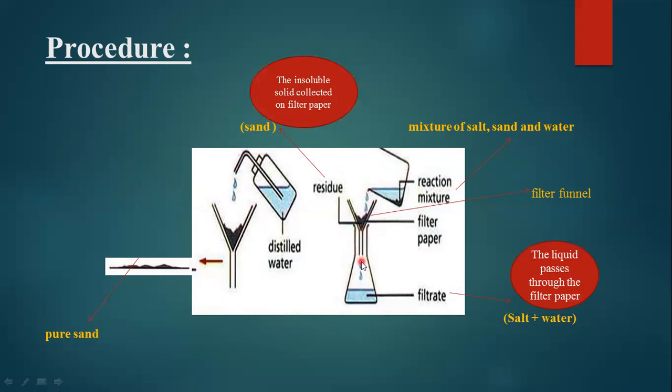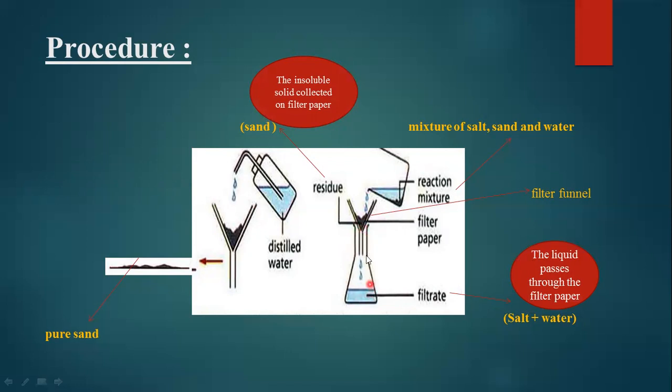After some time, when you pour the mixture into the filter funnel, you will see that some of the liquid passes through the filter paper and goes to the flask that is put behind this filter funnel, and the insoluble particles remain on the filter paper.